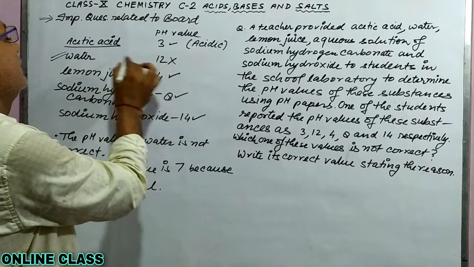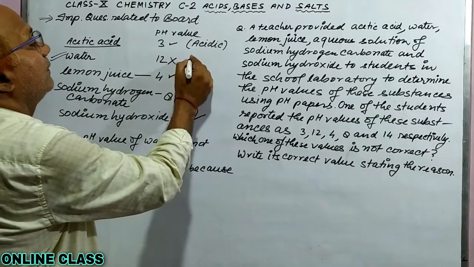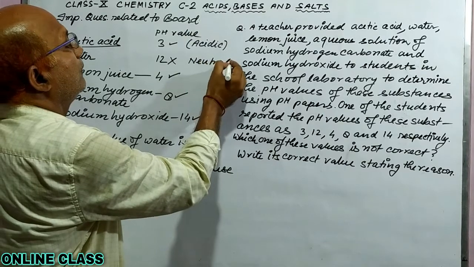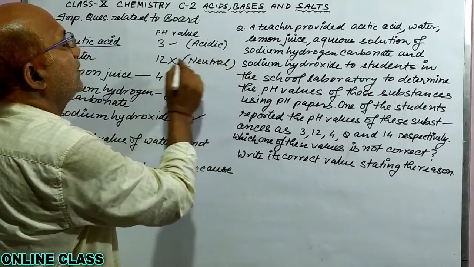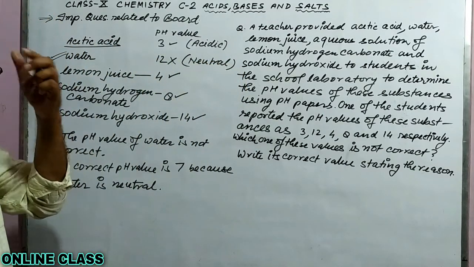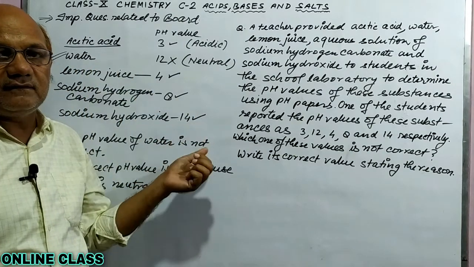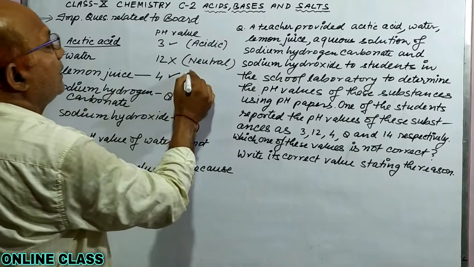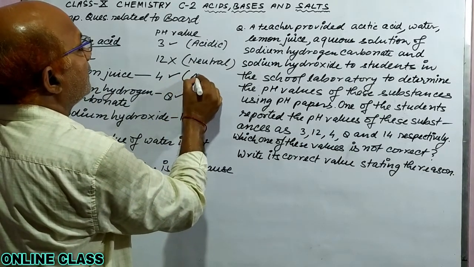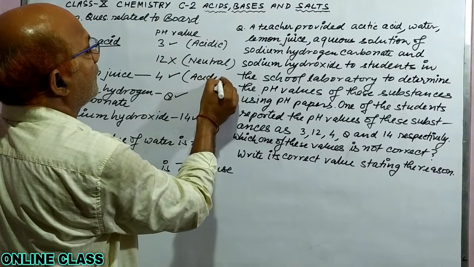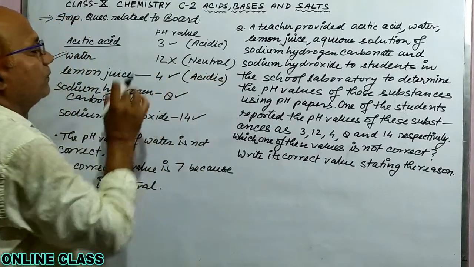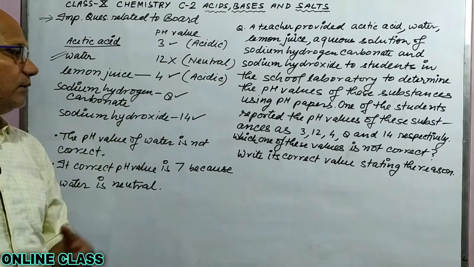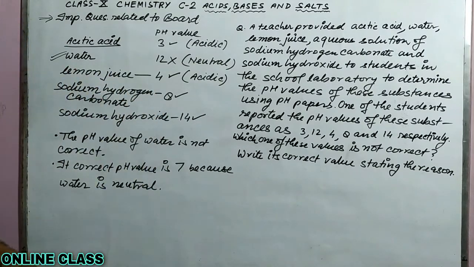Water, it is neutral, so its pH value is incorrect because neutral solution has pH value 7. Lemon juice, it is acidic, so its pH value, which is 4 reported, it is also correct.